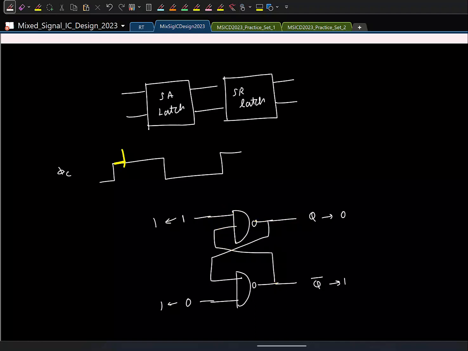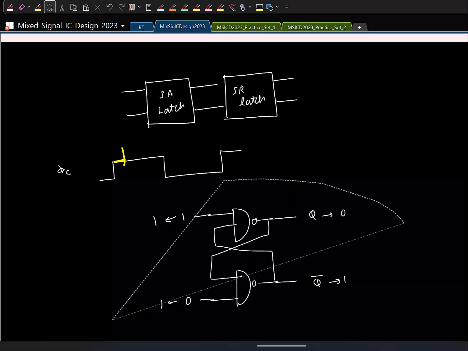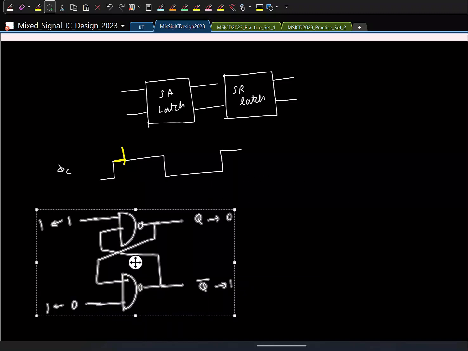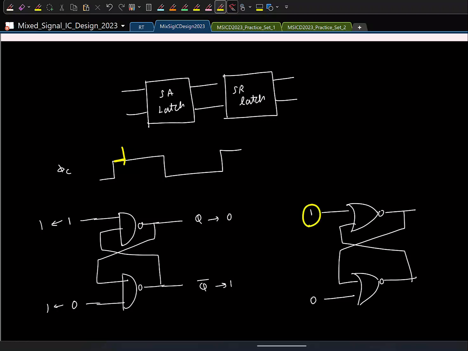But if you have to use a NOR based structure, remember that the SR latch you can either make using NAND gates or NOR gates. Say you make it using NOR. So again, if it is 1 and 0, it's fine. For a NOR gate, if the input is 1, what is the output? NOR gate is basically OR and take an inversion, so this will be 0.